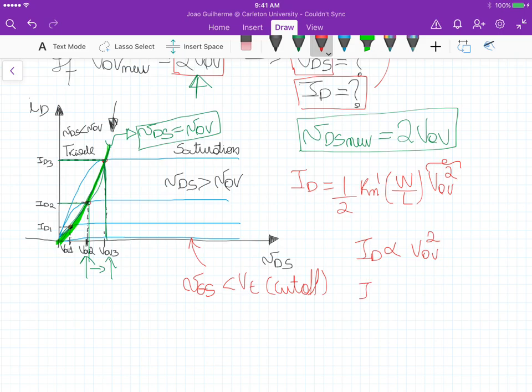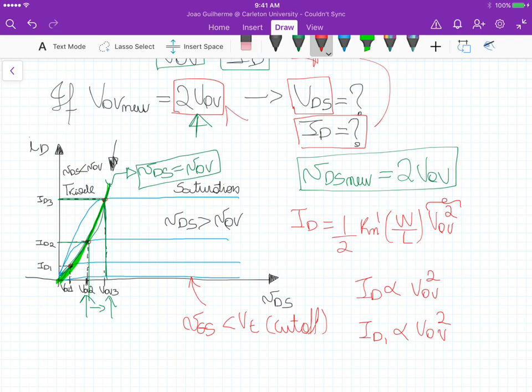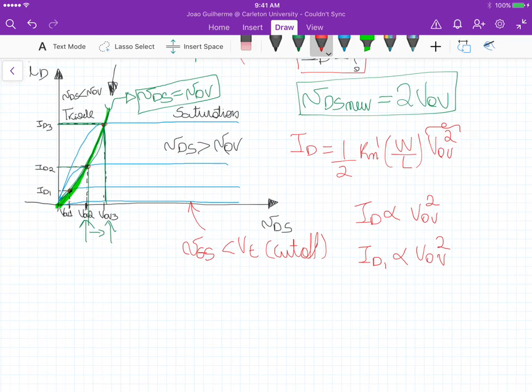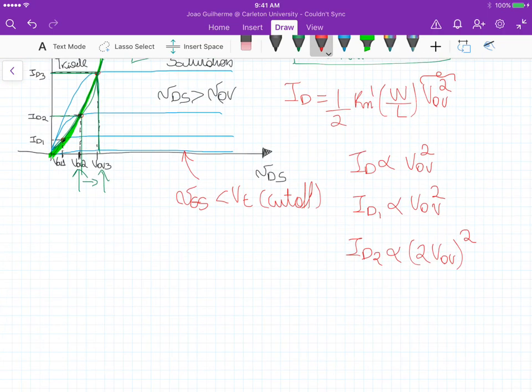So if ID1 is proportional to VOV squared, when we increase VOV to 2 times the current VOV, the overdrive voltage, it basically means that ID2 is going to be proportional to (2 VOV) squared.